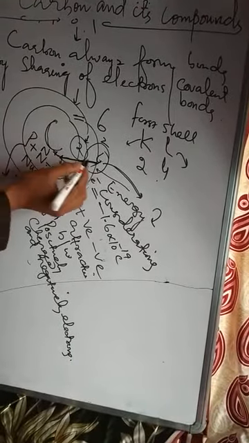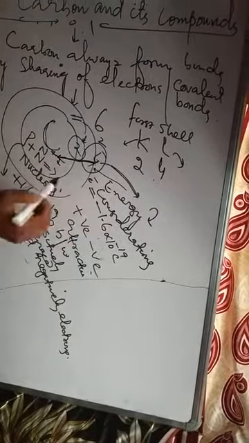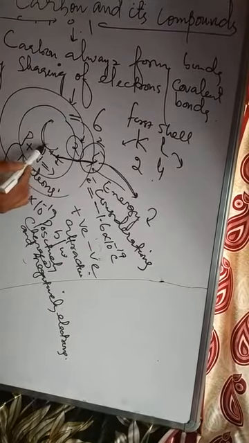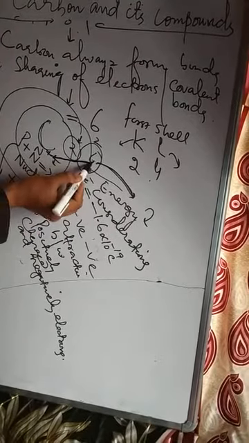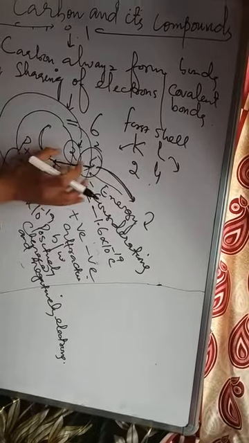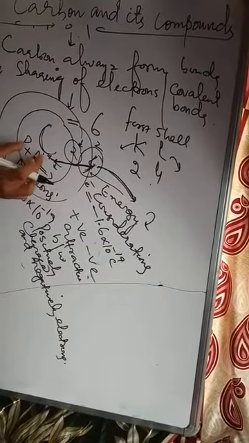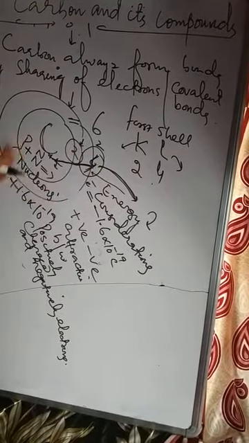So this carbon is not in a state to lose 4 electrons or to gain 4 more electrons because of the energy considerations. The nucleus does not allow these 4 electrons to be lost because they are tightly bound to the nucleus. It is impossible for us to remove these 4 electrons from the valence shell of the carbon, because the nucleus is always in a state of attracting these 4 electrons towards itself.